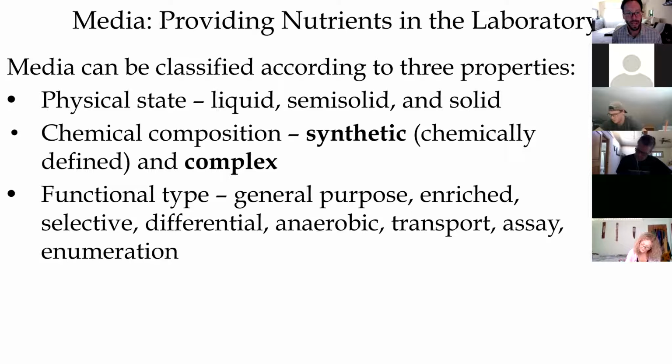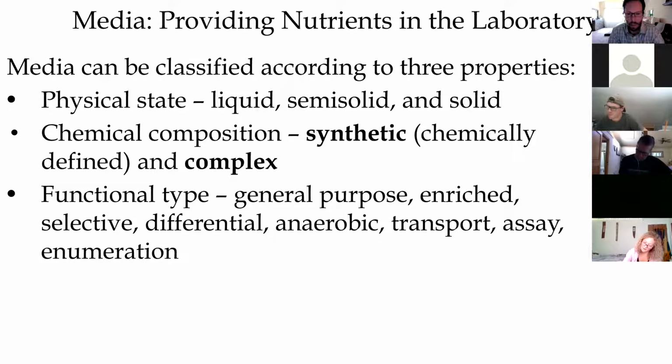It can be synthetic. That means it's chemically defined. What do we mean by chemically defined? Well, if you have synthetic media, it's been made in a lab, and so they can tell you exactly what is in that media and how much of what is in that media, okay? Complex media is different. It's not absolutely discernible what's in there.